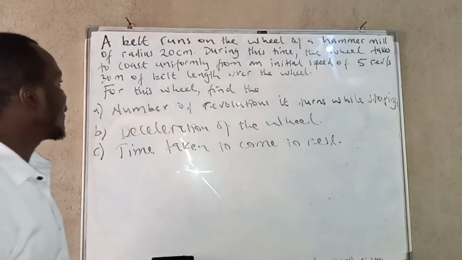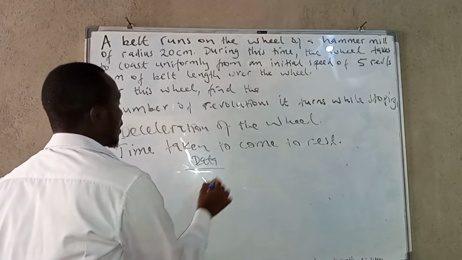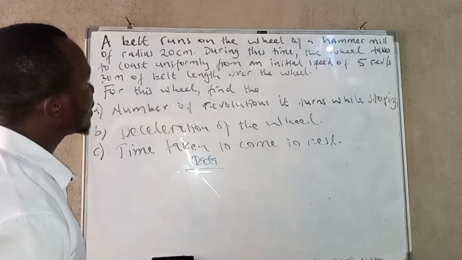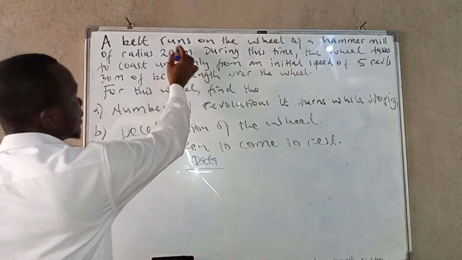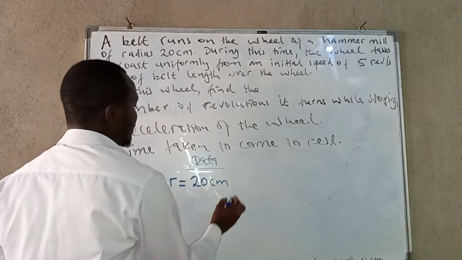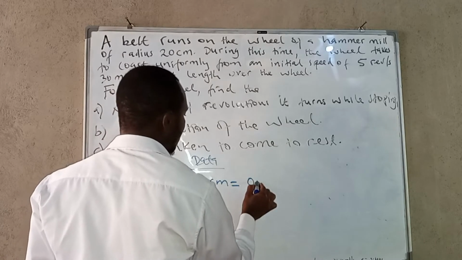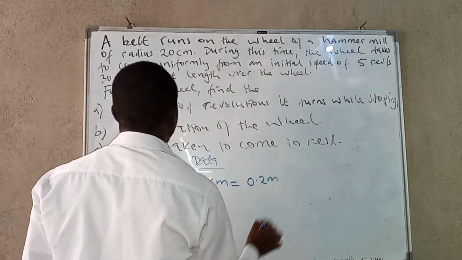So here we have the data. Let's come up with the data that we're given. We are told a hammer mill of radius 20 centimeters. This can be expressed in meters, which will be 0.2 meters.